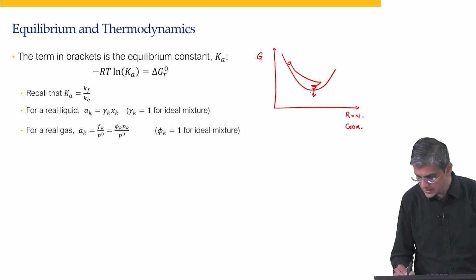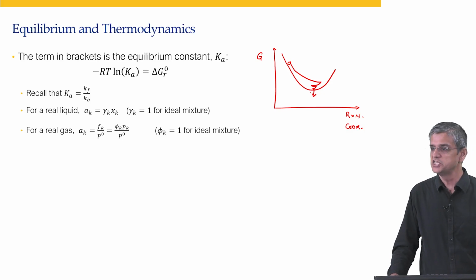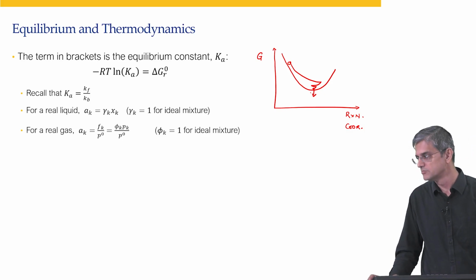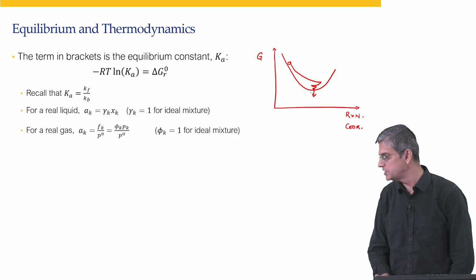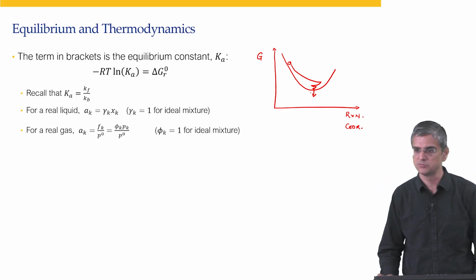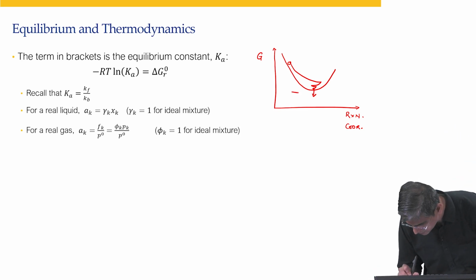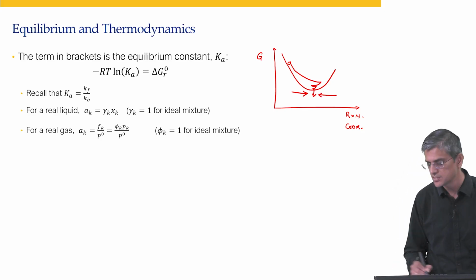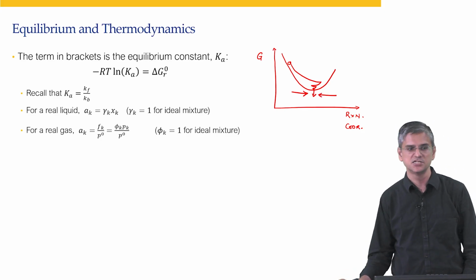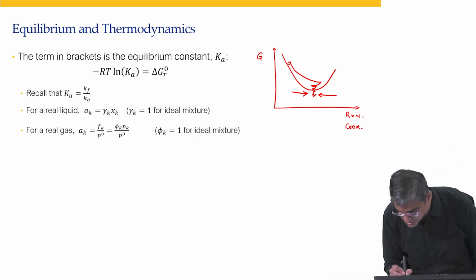What happens when it ends up over here? Your G is minimized. That is the free energy minimization that people would have talked about in your thermodynamics class. Or your delta G moving from this side is exactly balanced by the delta G moving from that side, which means essentially at this point your delta G is 0.